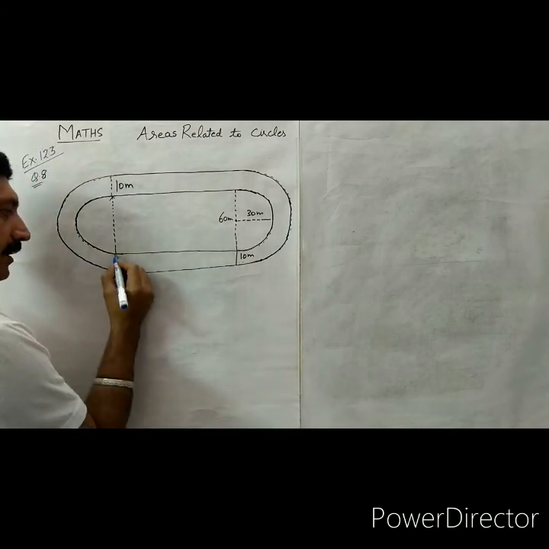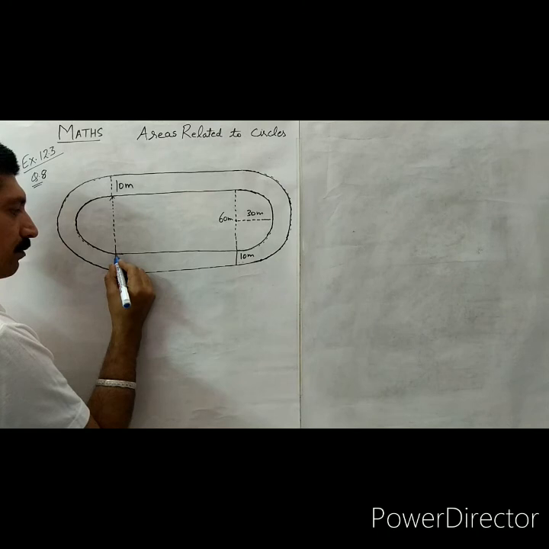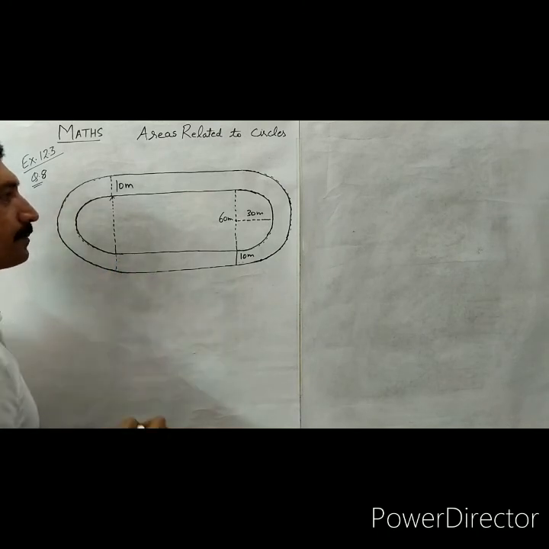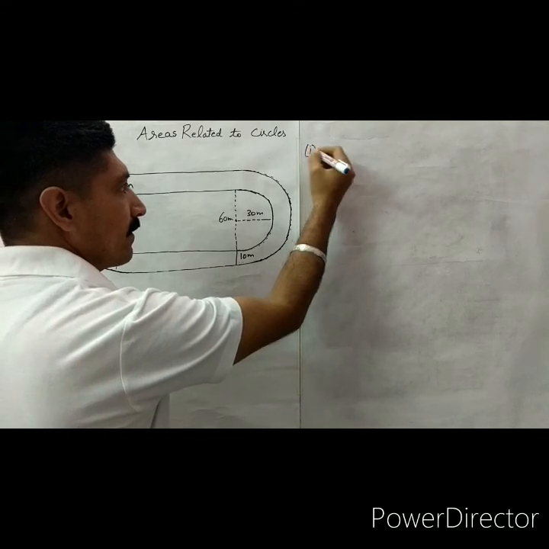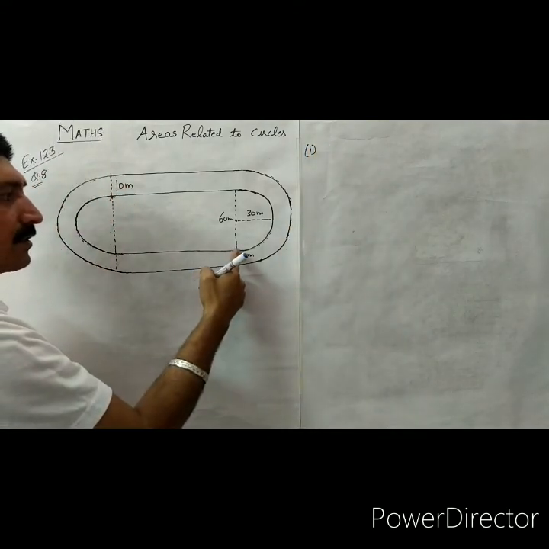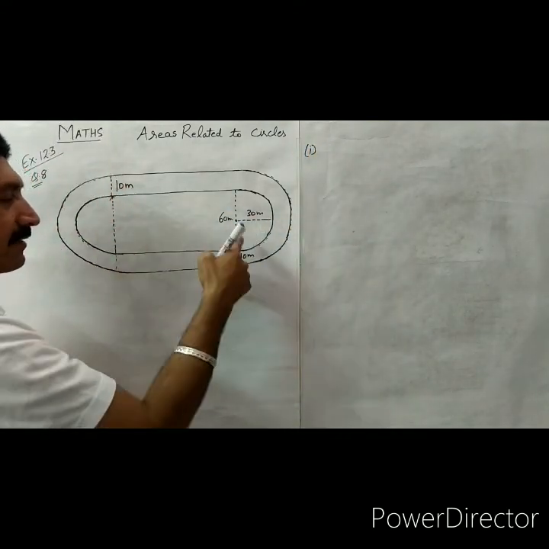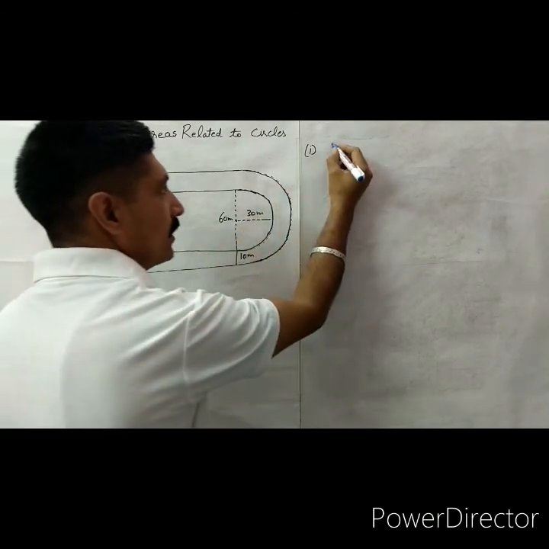So here we have to find two things. First is to find the total distance along the inner track.